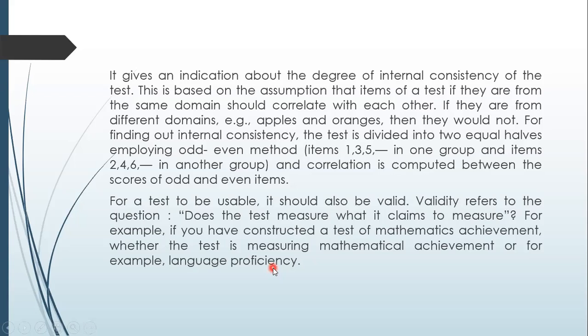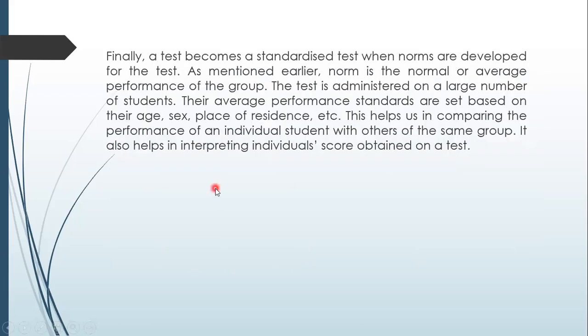So far we discussed reliability through test-retest and the odd-even method, and then validity, what it is meant to measure. Finally, a test becomes standardized when norms are developed for the test. Norms, what are norms?